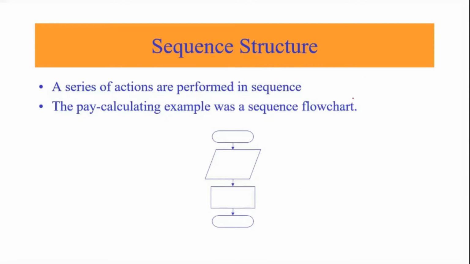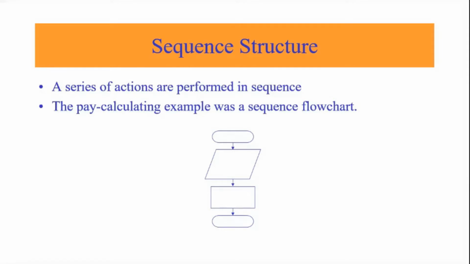The sequence structure is a simple one-directional structure. It is a series of actions that are performed in sequence. The pay calculating example was a sequence flowchart because there were no branchings happening in that one. Each box had only one incoming arrow as well as one outgoing arrow.